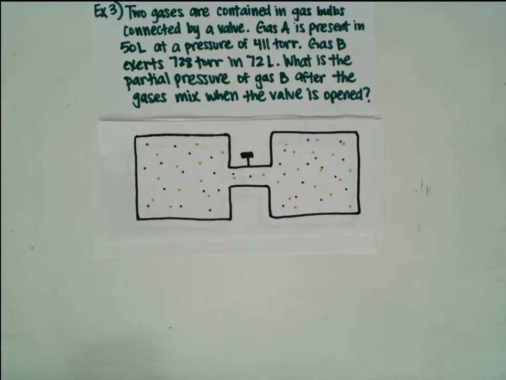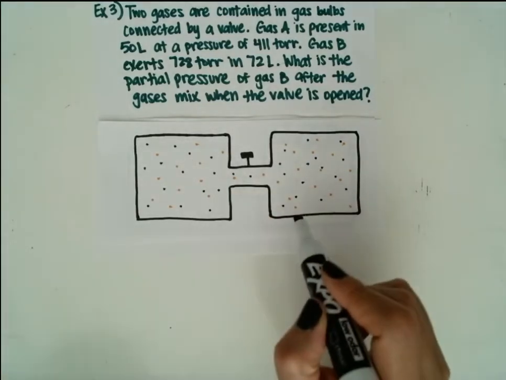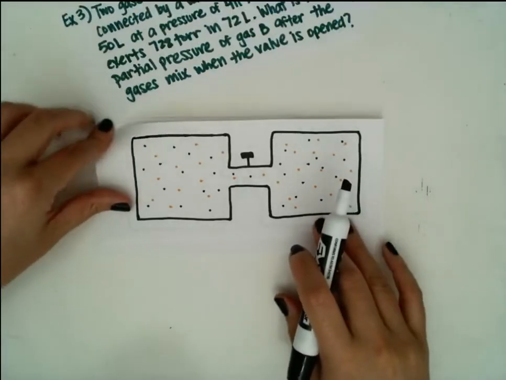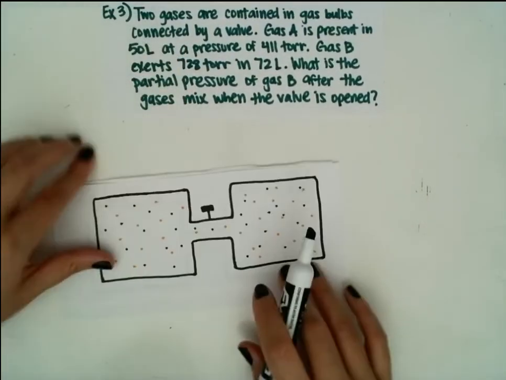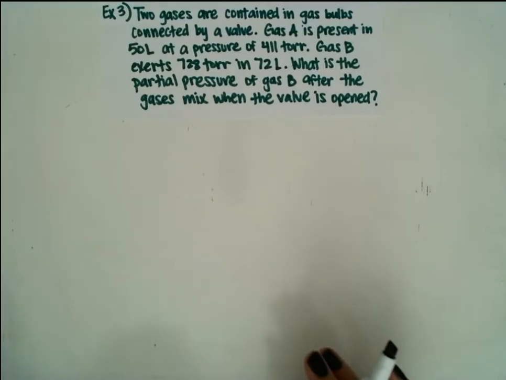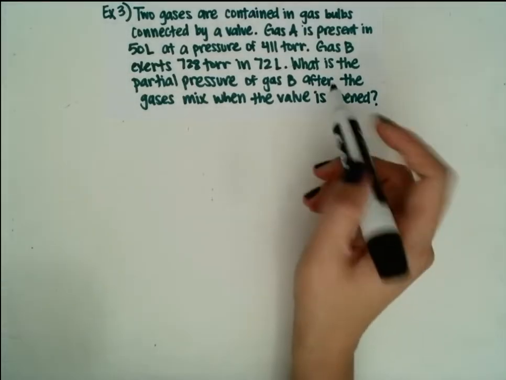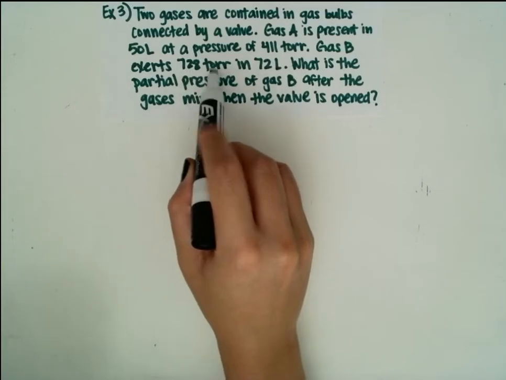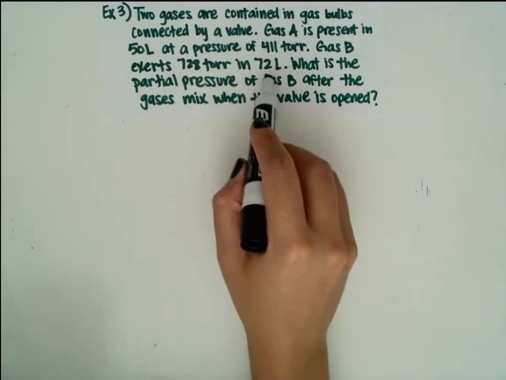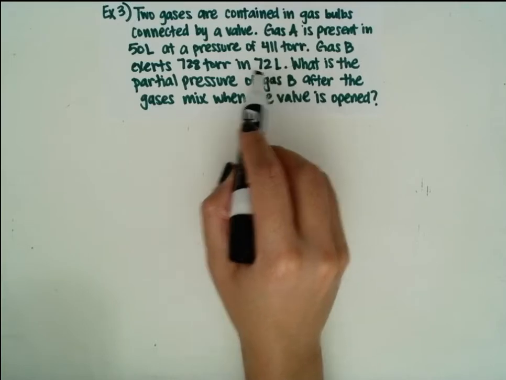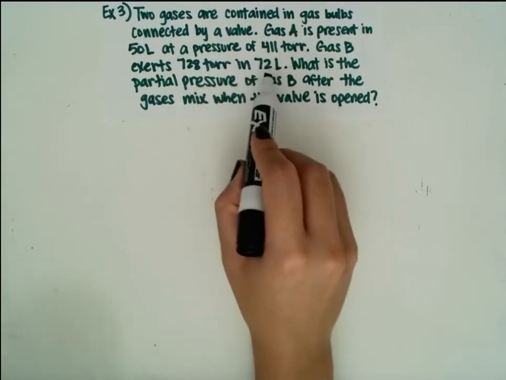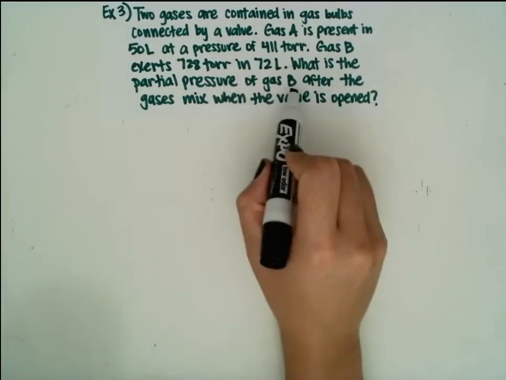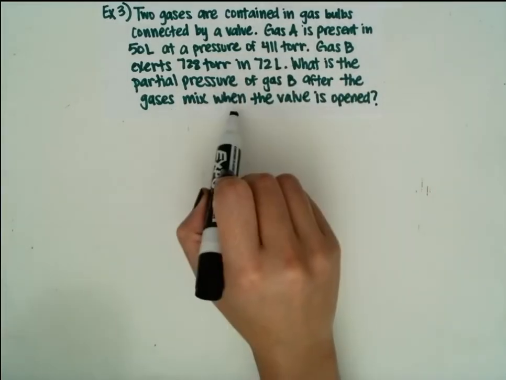So let's open the valve. The valve is opened and now all of these gases have mixed together. Let's put the image off to the side so that we can work out this problem. Initially, gas B is exerting 728 torr in 72 liters. That's going to be my initial pressure and initial volume. The question is asking for the pressure of B after the gases mix.